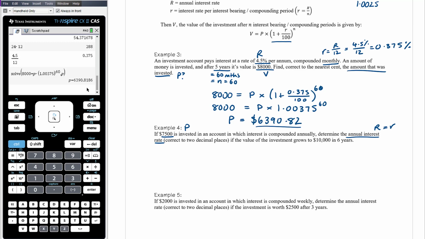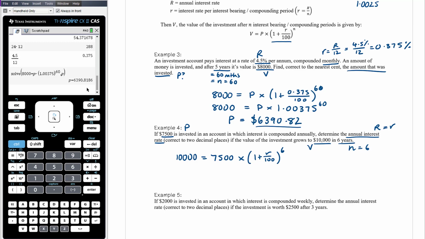If the value of the investment grows to $10,000 in 6 years, so that's V. And 6 years compounding annually, so n is in years, n is 6. P was the 7,500. So we know the value is 10,000 and the principal is 7,500 multiplied by 1 plus r on 100. Now this is where we do need the formula, because it's r that we're trying to find.